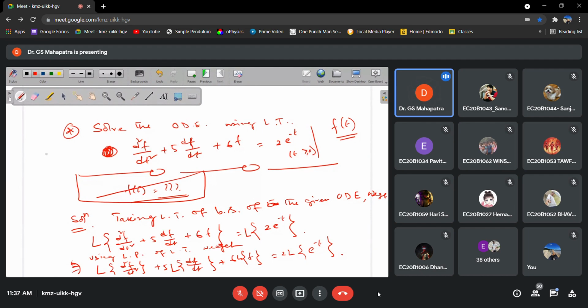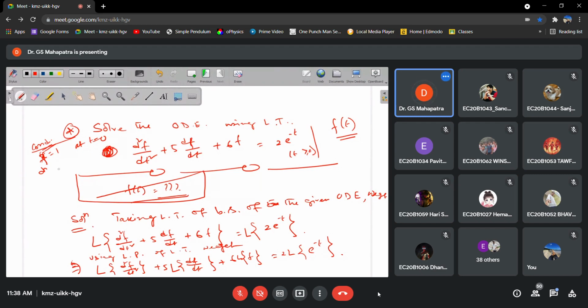So the first condition is f equals 1 at t equals 0. Generally we are habituated to write it like d by dt.